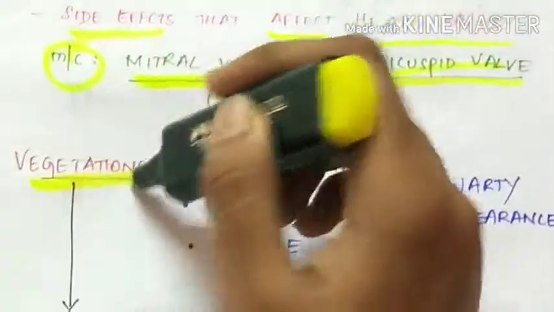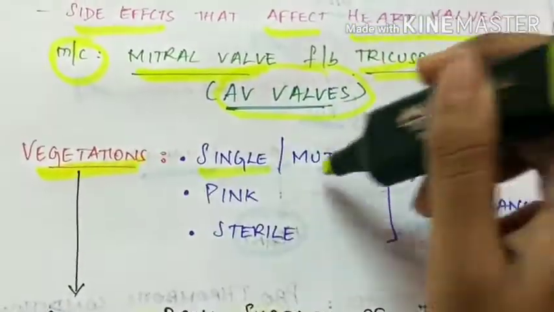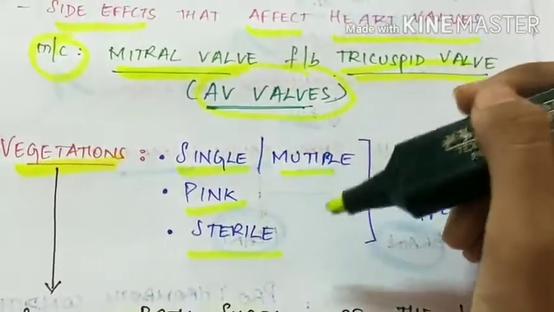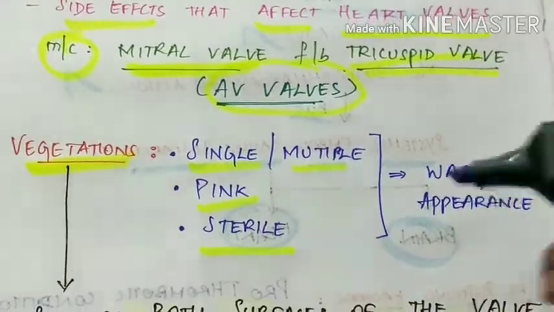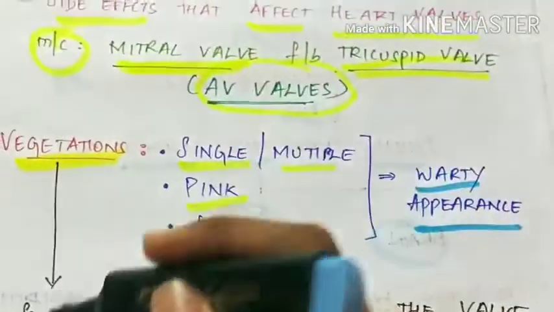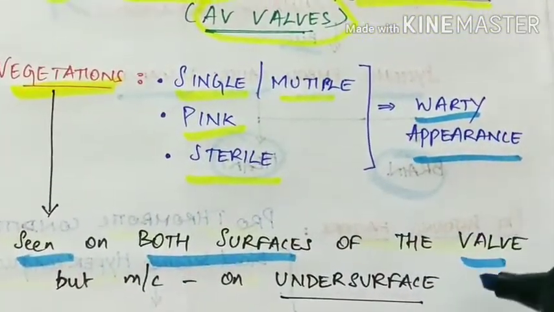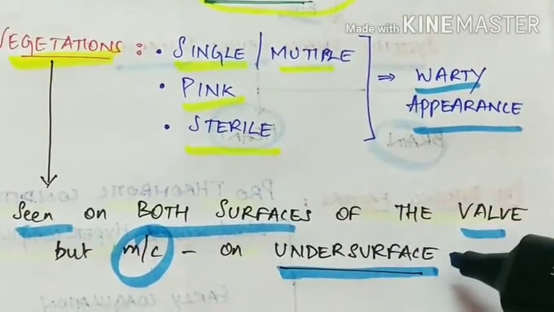The vegetations seen in Libman-Sacks endocarditis are single or multiple. They are pink and sterile because there is no bacterial involvement. These give it a warty appearance. And the vegetations are seen on both surfaces of the valve, but are more common on the undersurface of the valve.